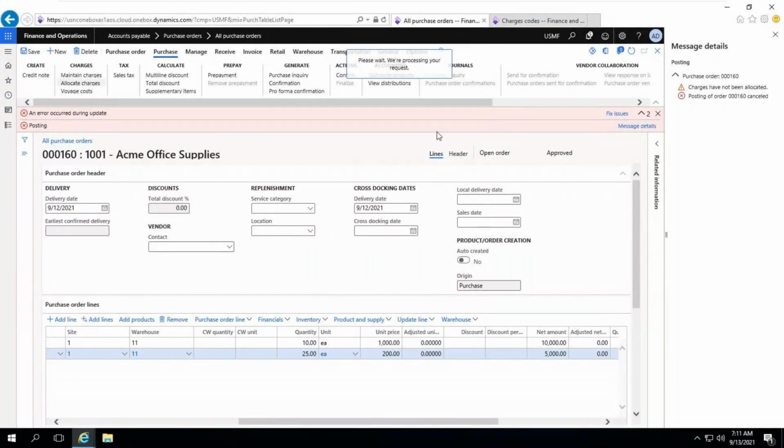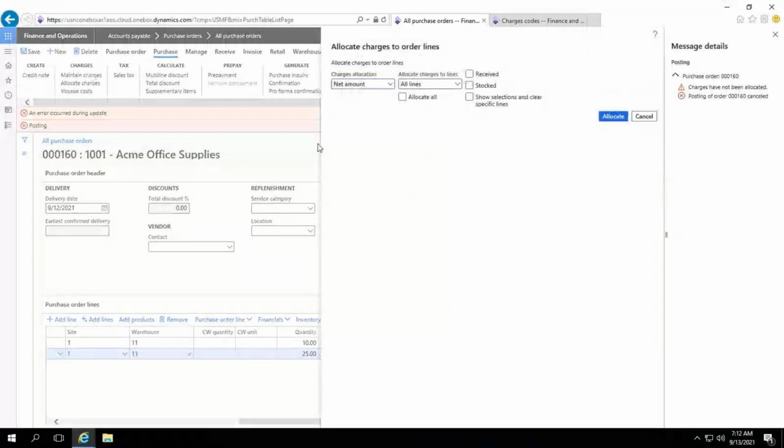If you enter charges, then you need to allocate charges based on three criteria available here.